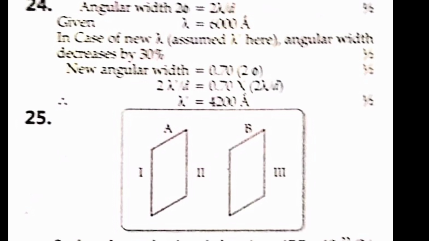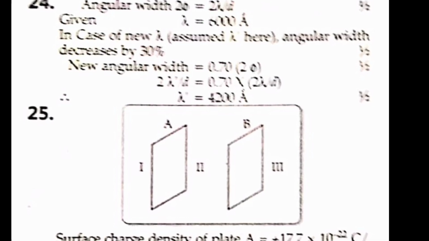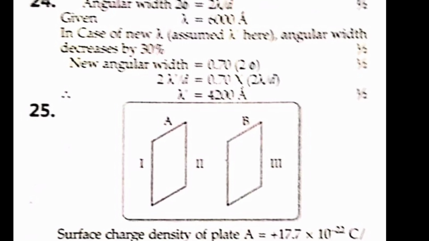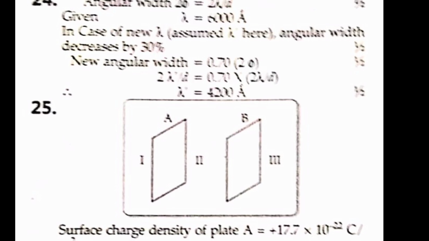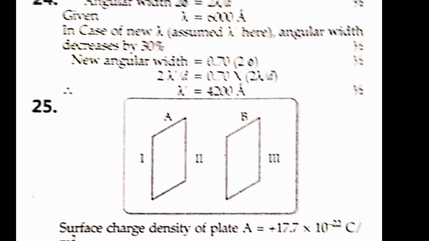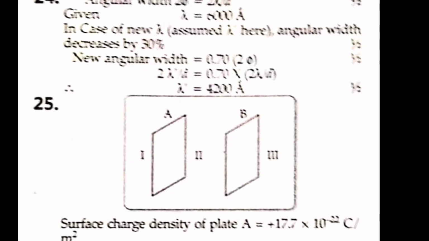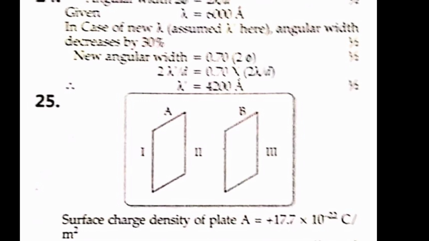So the new angular width will be 0.70 into 2 phi, that is, it decreases by 30%, so only 0.70, that is 70%, will be remaining there. So we can write the new angular width as 0.70 into 2 phi. Here 2 phi will be equal to 2 lambda by d.